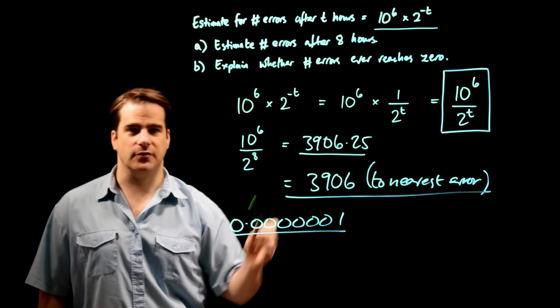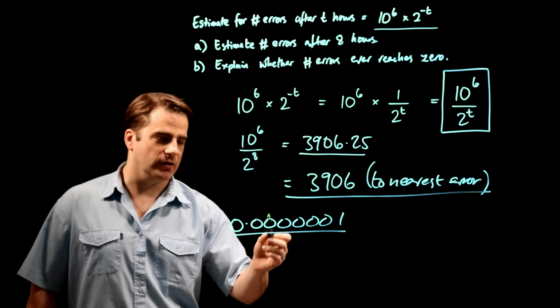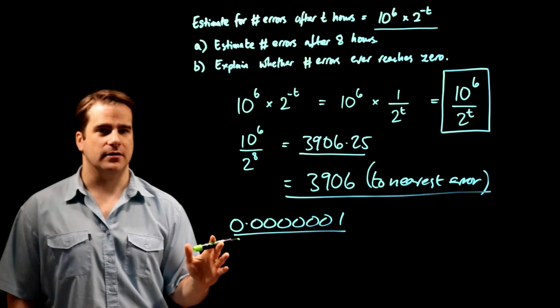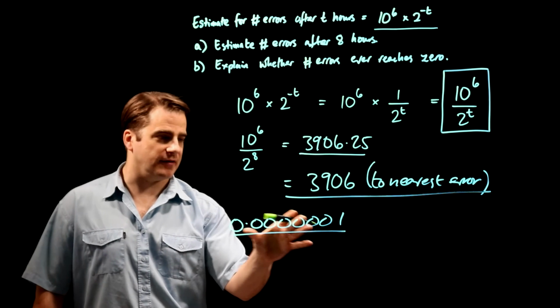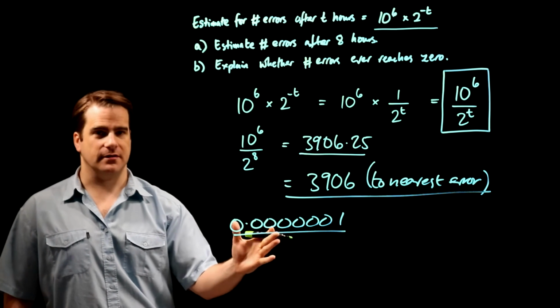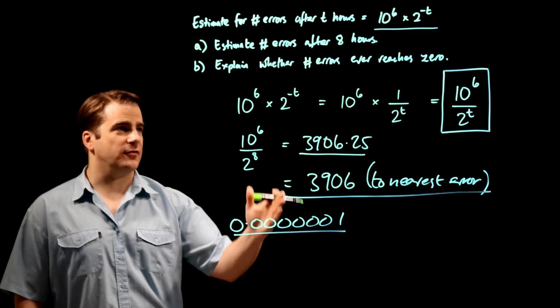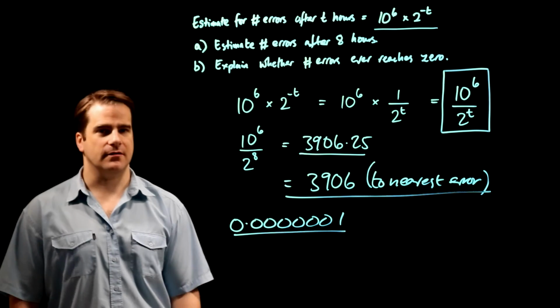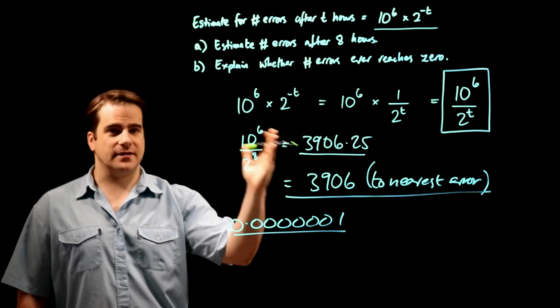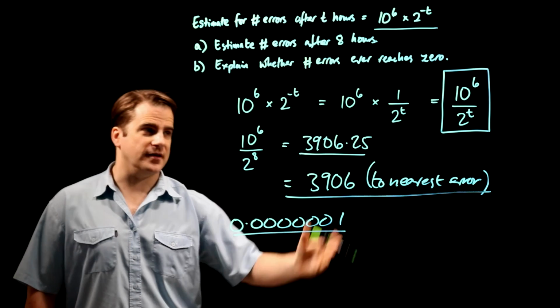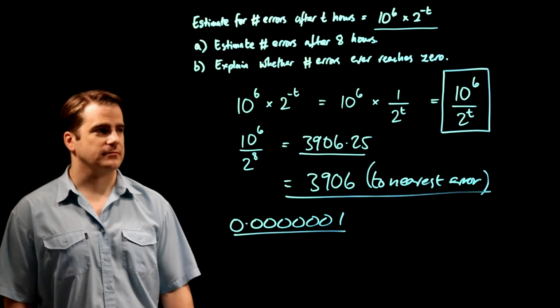You can't have 0.25 of an error, and you can't have 0.0000001 of an error. So when you round that to the nearest error, you get 0 errors. So therefore, yes, the number of errors does reach 0. So you can say yes or no as long as you back it up with those reasons. That's it.